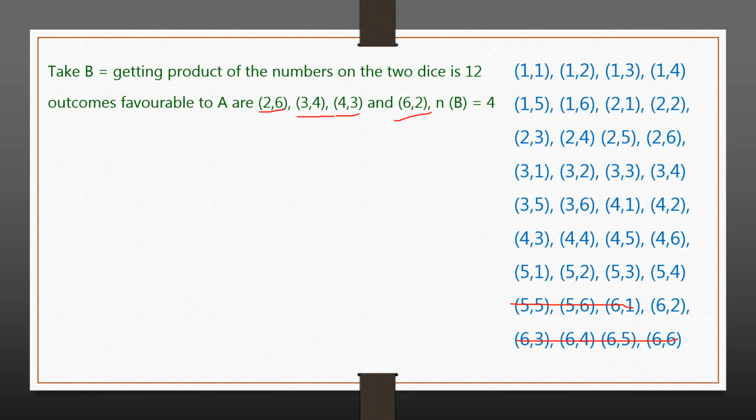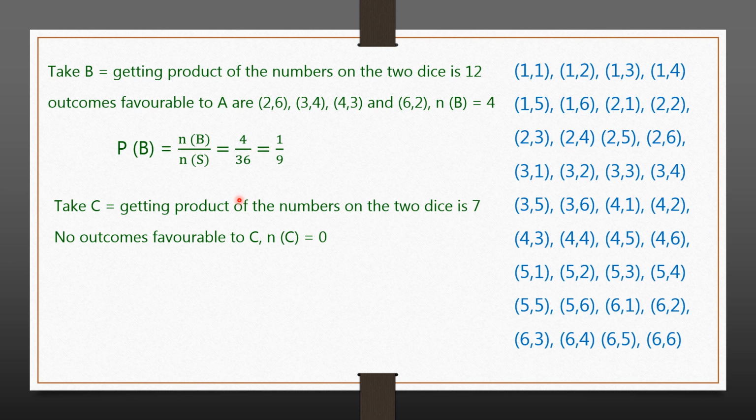Therefore, the favorable outcomes I got for B are 2 6, 3 4, 4 3 and 6 2. Only 4 outcomes are favorable to B. Then n of B is 4. P of B is n of B by n of S, that is 4 by 36, which is 1 by 9. Next we will find the probability of the next event.